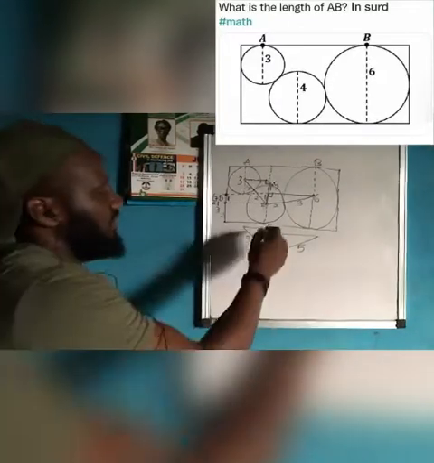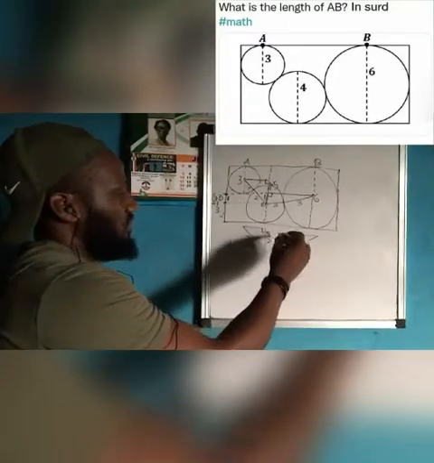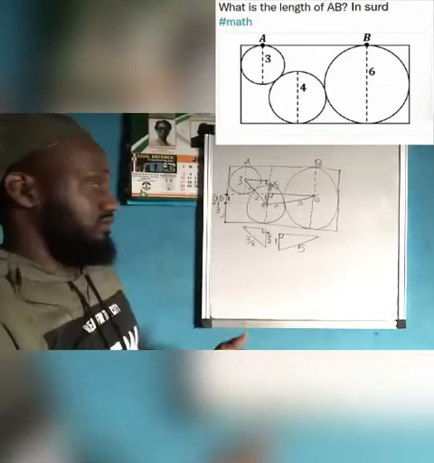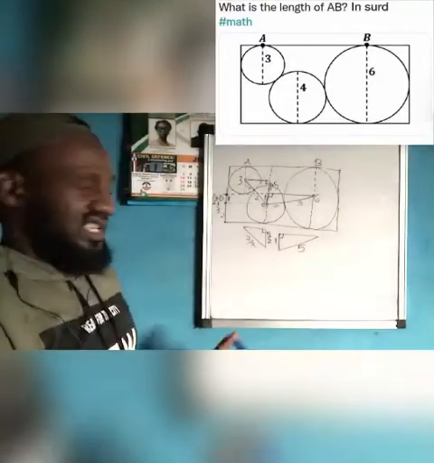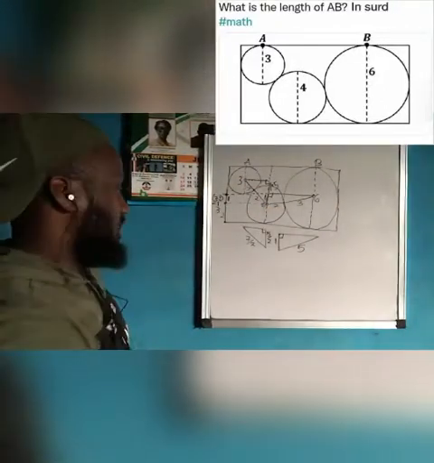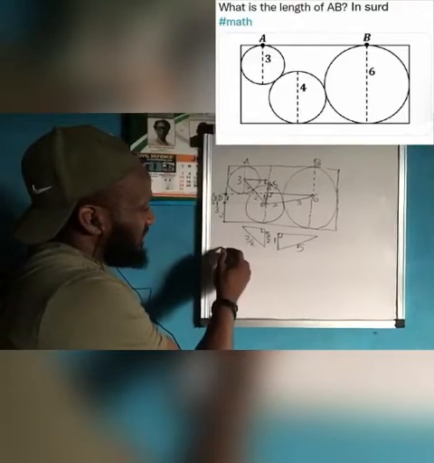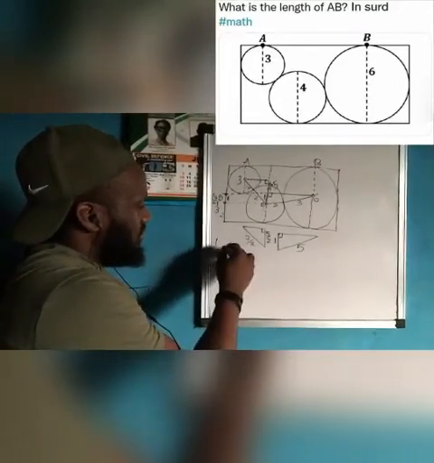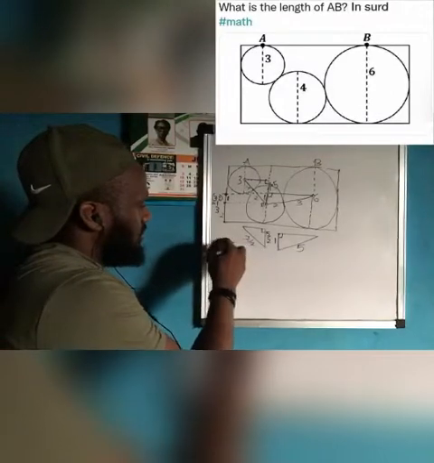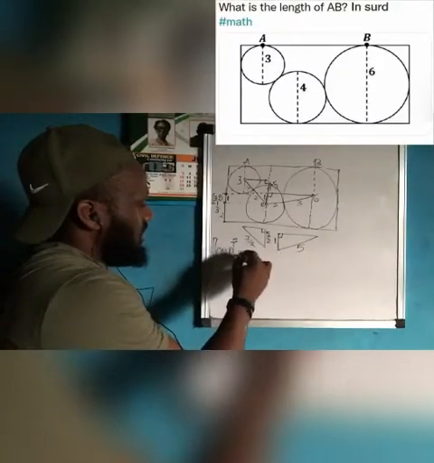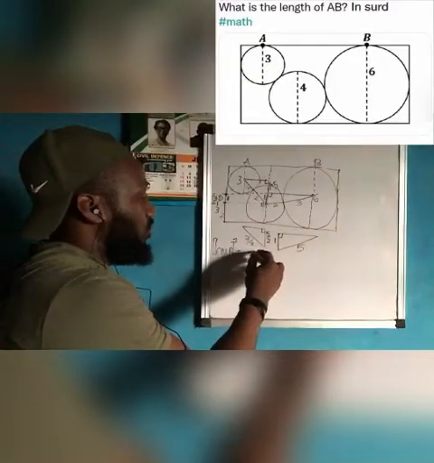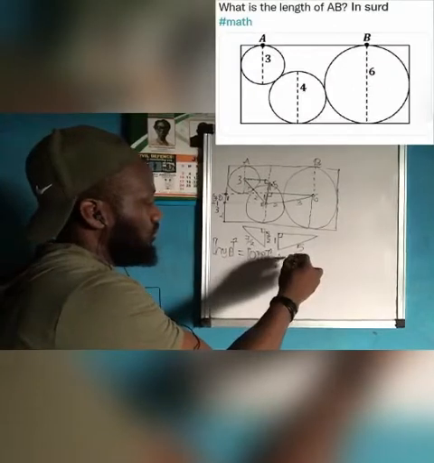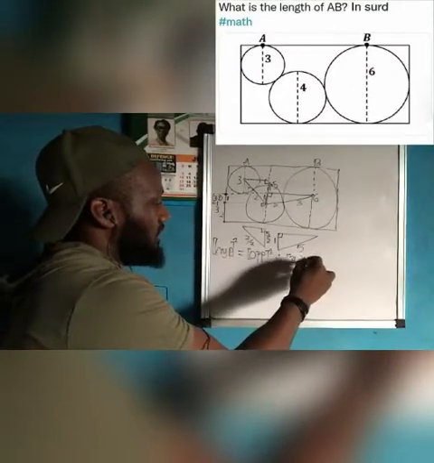So we have 2 right angle triangles, and we're looking for the remaining length, which will add up to give us EB. So that's simple. Pythagoras theorem will help us, and Pythagoras theorem says that the square of the hypotenuse is equal to the sum of the squares of the other 2 sides, which are usually called opposite and adjacent.